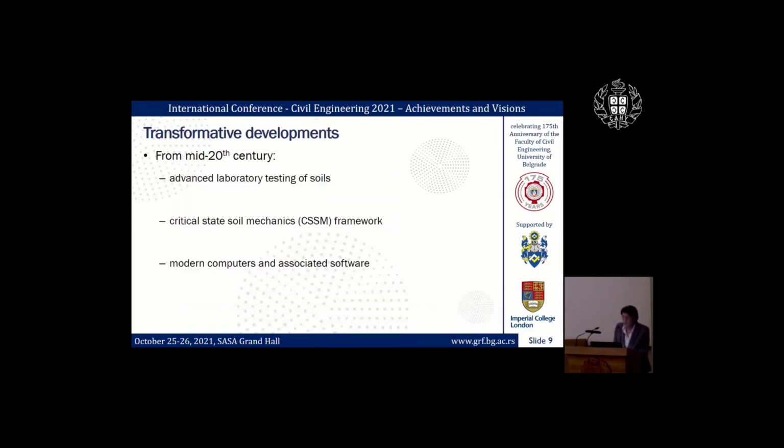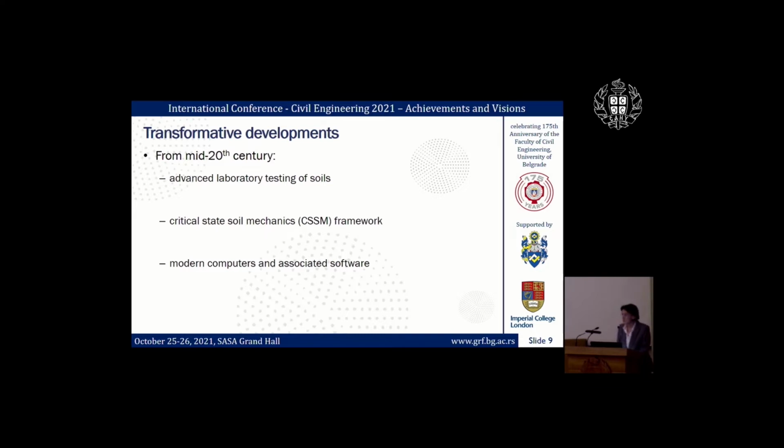So where were the main developments then coming from mid-20th century? And this is the personal reflection looking at what is currently happening in the field and where we are going in the future. The first main transformative development has been the advanced laboratory testing of soils to measure both the strength and the stiffness of the soil.